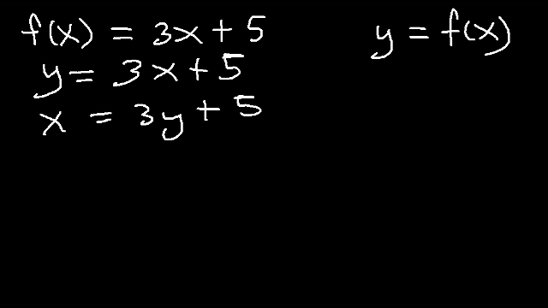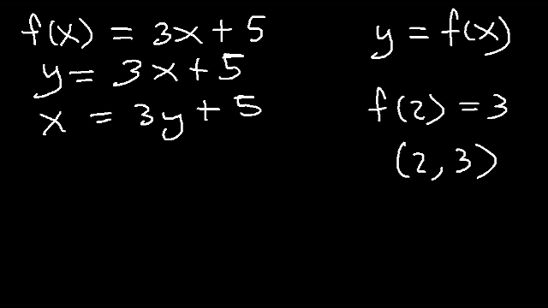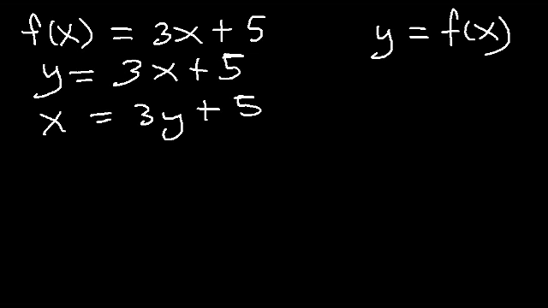Well, let's say that f of 2 is equal to 3. That means when x is 2, y is 3. For the inverse function, the inverse of 3 is 2. So to find the inverse function, you simply need to switch the x and y values. And that's why we're doing that in the equation.